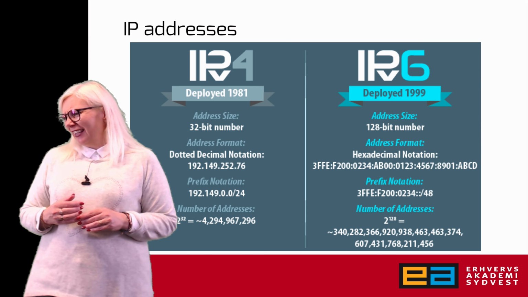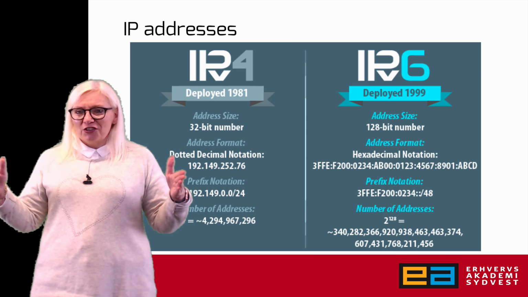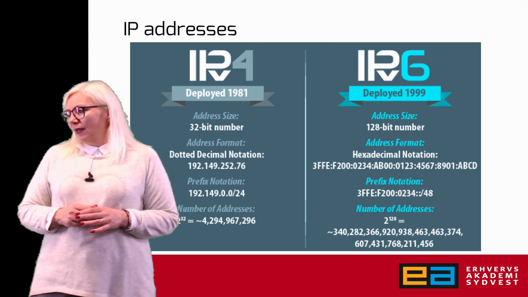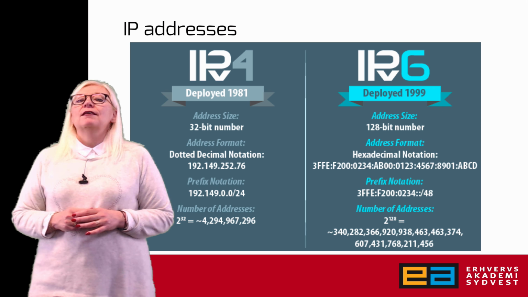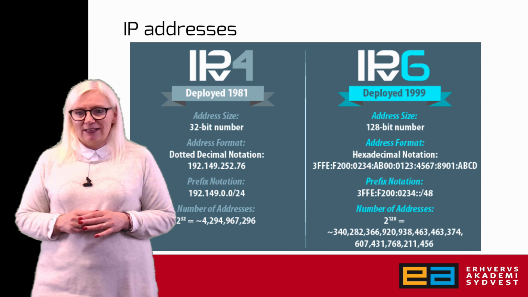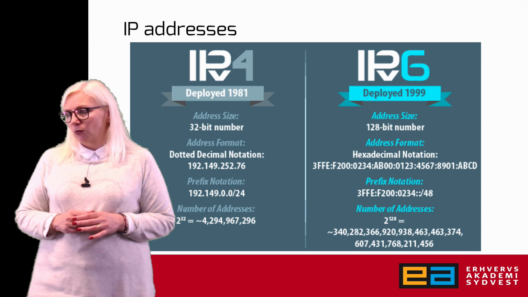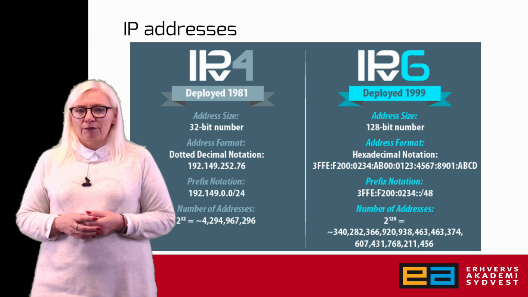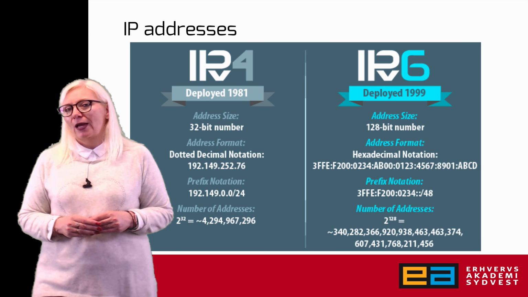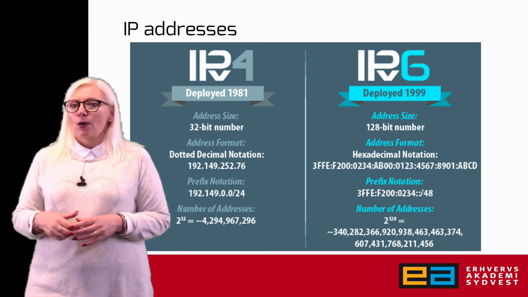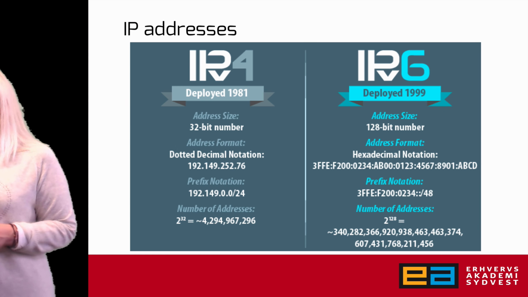Here we have a huge number of IP addresses. I cannot even say the number. It's like every grain of sand in the Sahara could have its own IP version 6 address. So here we have hopefully enough IP addresses.